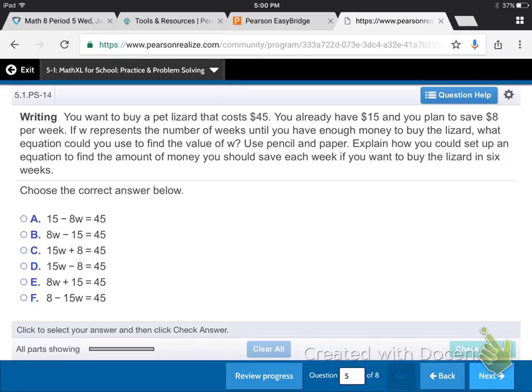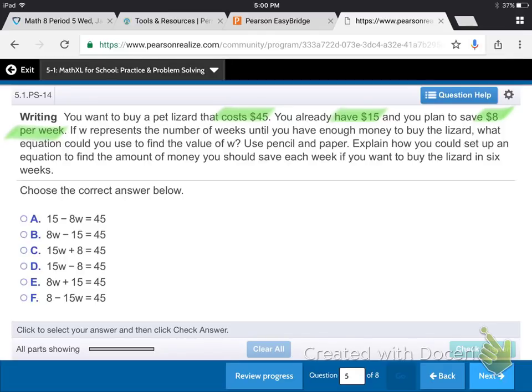Question 5. It says, we want to buy a pet lizard that costs $45. Lizard costs $45. You already have $15, so you have $15, and you plan to save $8 per week.